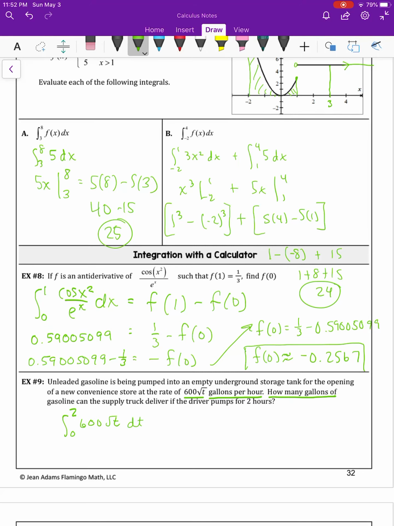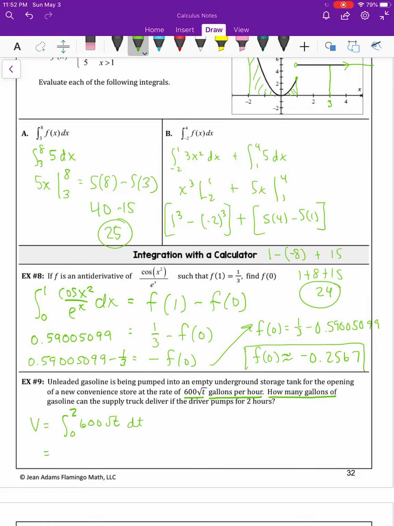So if you want to think of it as, that's your velocity function, right? This is going to give us the number of gallons of gasoline, right? If we integrate this from 0 to 2.